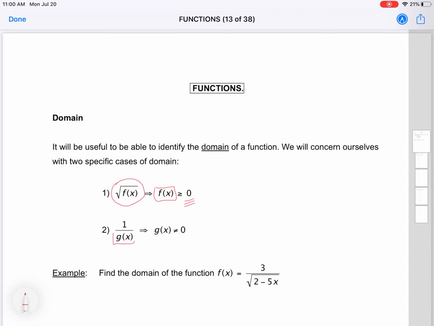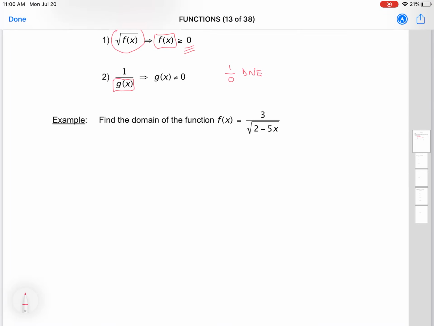The other thing we want to take a look at is when we are dividing by a function, we do not want this function to be 0, simply because anything like 1 over 0 in mathematics is not defined. So these are the two things we have to be aware of.